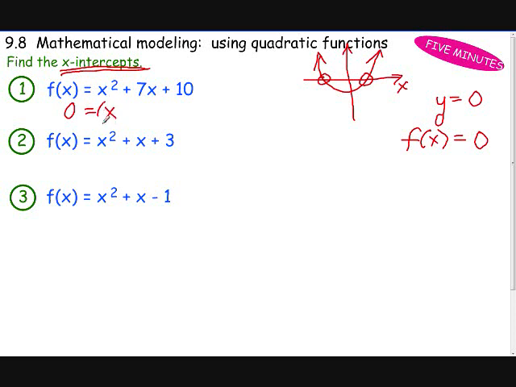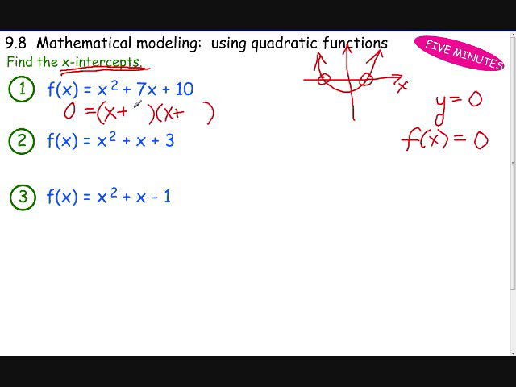Ooh, and I think I'll try factoring. See if I can come up with 2 factors of positive 10 that when I add them together will give me this coefficient of positive 7. Well, I know this. They'll both be positive. What else do I know? Well, there are not really that many different ways to factor 10, are there?